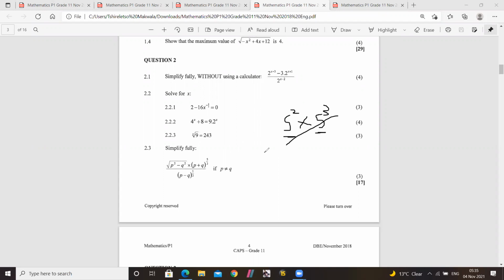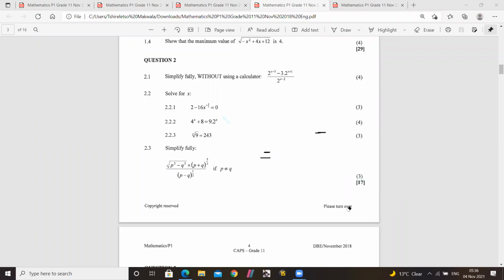So the first law of exponents says if you are multiplying and the bases are the same, you add the exponents. So this will be 5 to the power of, and when you add, it will be 2 plus 3, which is 5. That's the first law of exponents that we have.